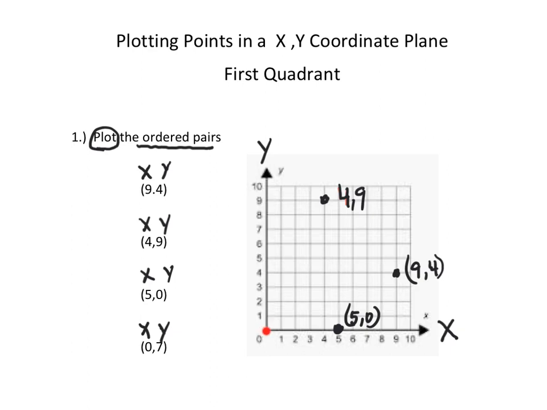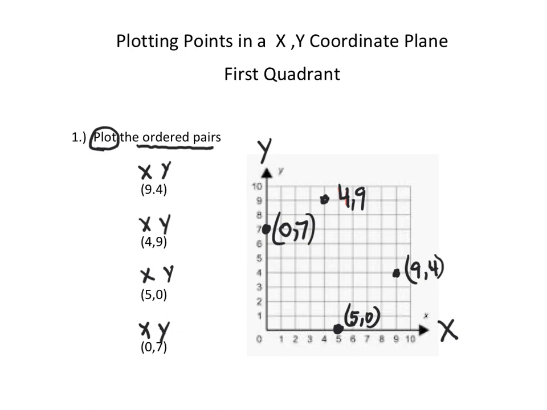That is the location where x is 0. The intersection of the x and y axis has a location of x equals 0. And I do need to go up 7. Up 1, 2, 3, 4, 5, 6, 7. So I'm going to put a dot there, and I'm going to label that 0, 7.